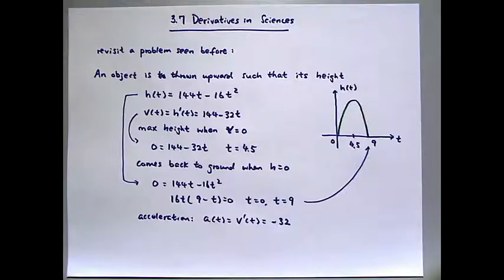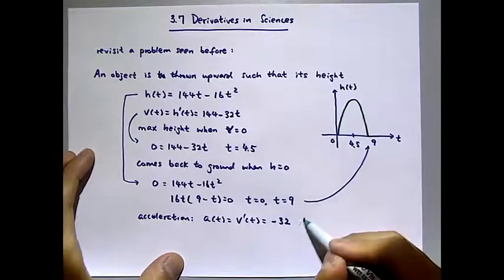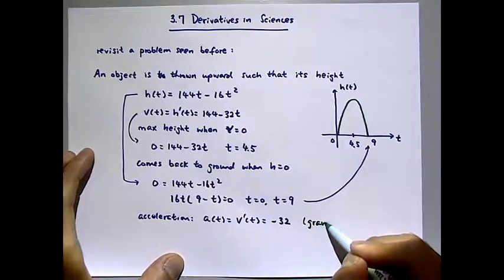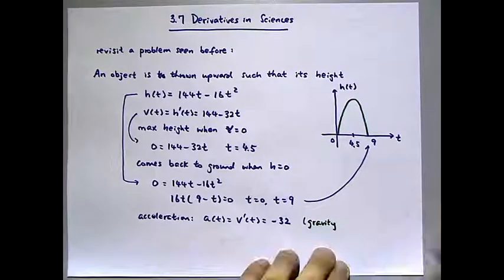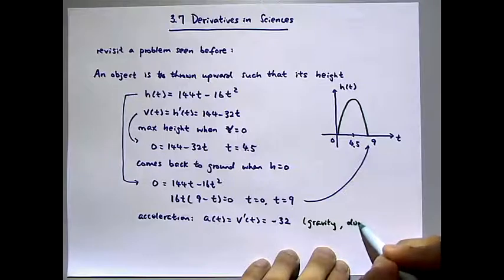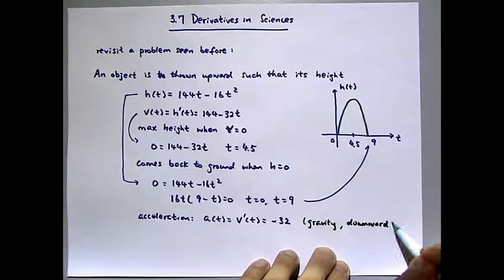Knowing the physics behind this problem, what's causing that acceleration? Gravity, right? Gravity is the reason why there's this constant acceleration. And what's that minus sign telling us? Down, right? Now we hope gravity is always going down.